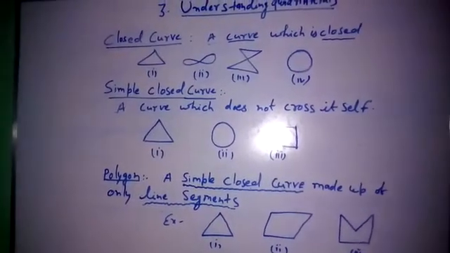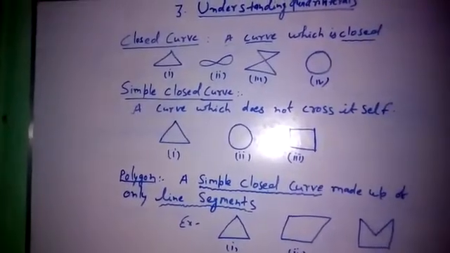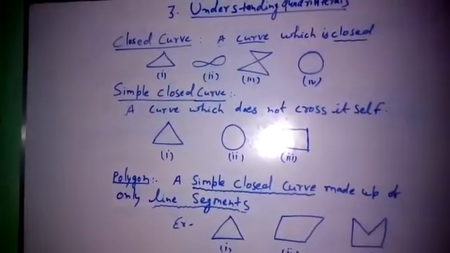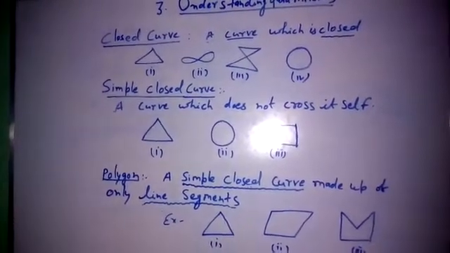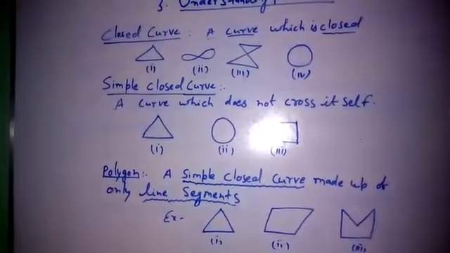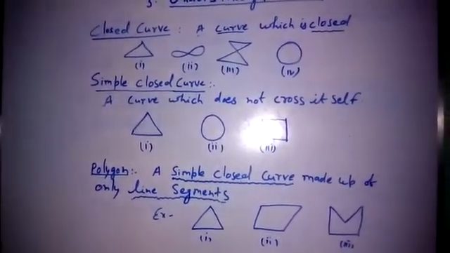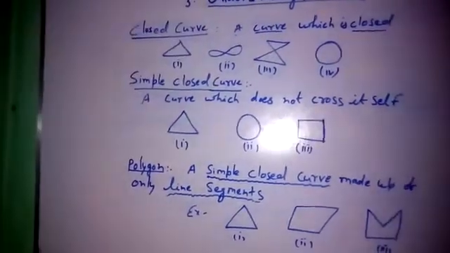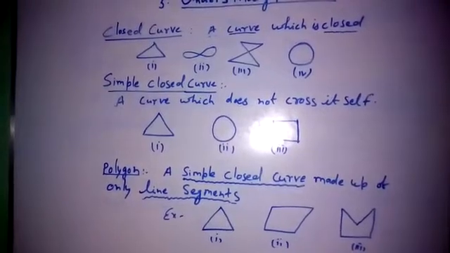A curve which does not cross itself. I repeat, a curve which does not cross itself is called a simple closed curve. See the example. These are the examples of simple closed curve.